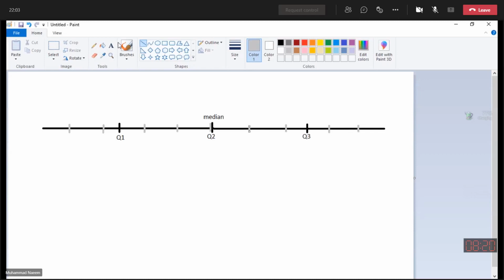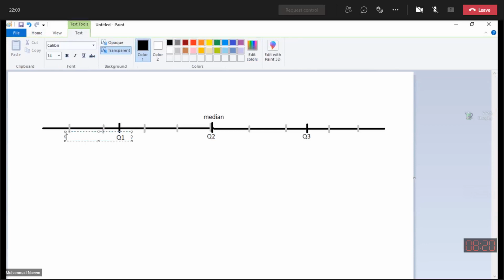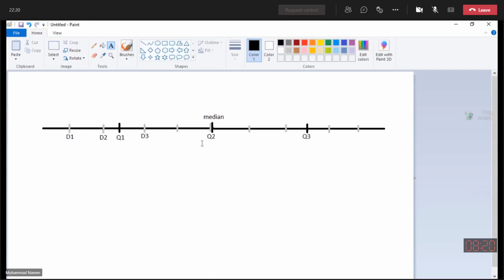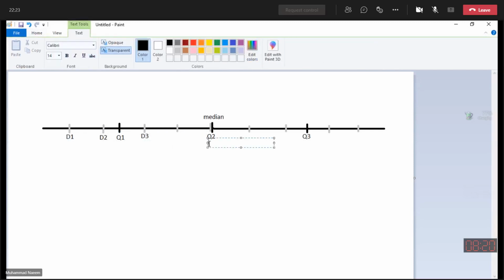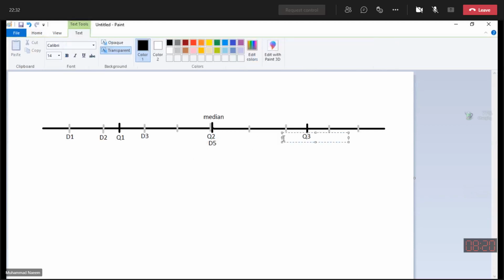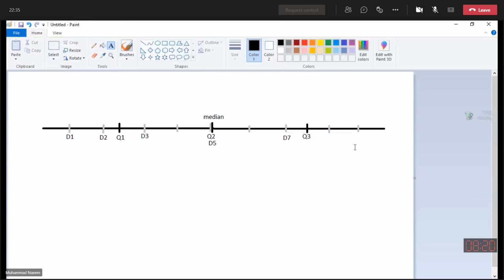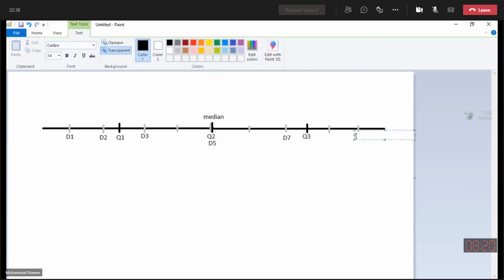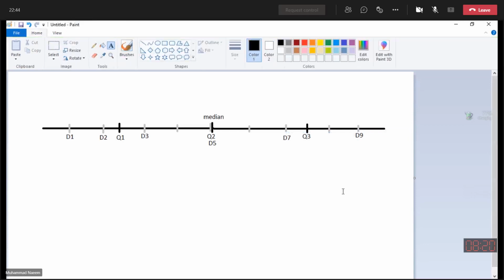And we denote them by D1, D2, D3, up to D9. So remember, quartiles are 3 in number, deciles are 9 in number.